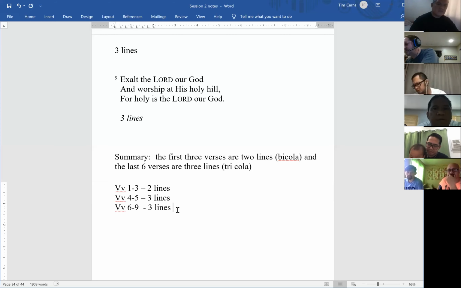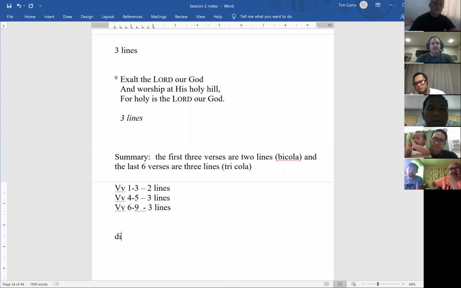Let me write a note to show. I'll show you the Hebrew text, and in the Hebrew text there are marks that show the break in the lines. They're called Hebrew accents. They're called disjunctive. Here, I'll type it out. For those of you that want to look like Hebrew scholars to your congregations, you could say there are disjunctive Hebrew accents.